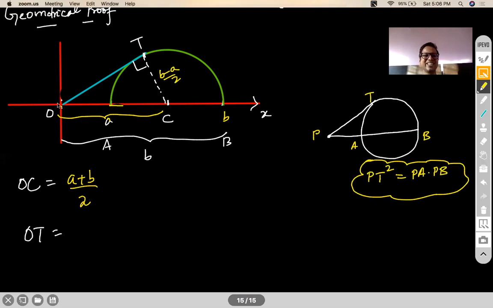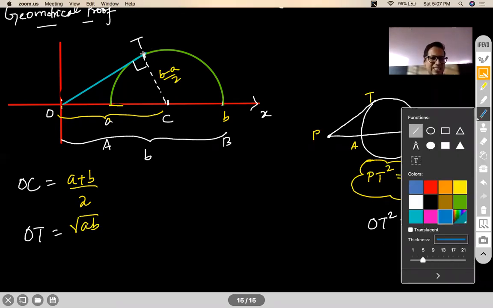Think as if the secant line is your x-axis itself, and your OT is your PT over here. So your OT square is OA into OB, which is B. So OT will be under root of AB. You may also use Pythagoras theorem for the same. That will lead to the same result. Don't worry about it.